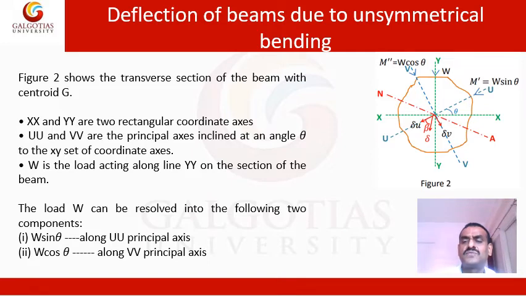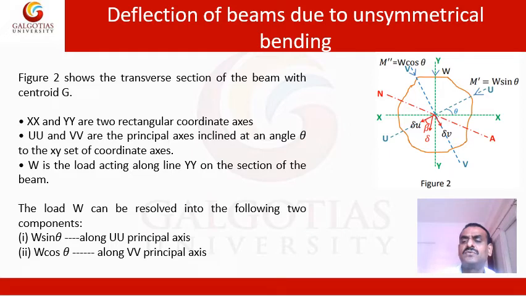Because of the application of the load, the beam will be twisted to a new axis. That axis is called the principal axis, the UU axis and VV axis. When the load is acting, there are corresponding components also. The component along the VV axis is called M'', which will be equal to W cos theta.